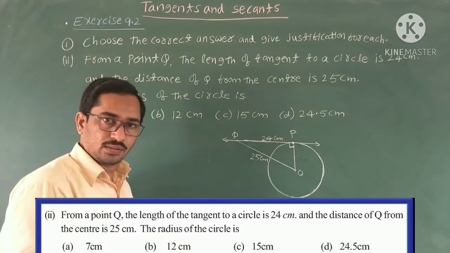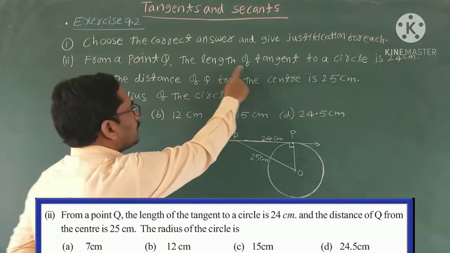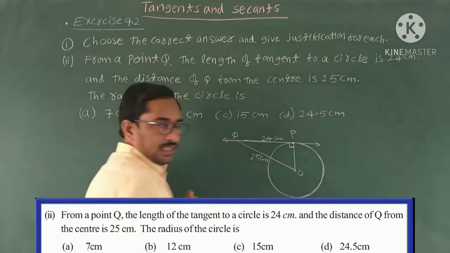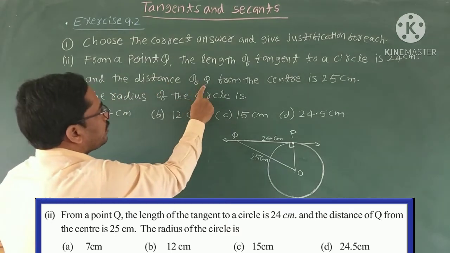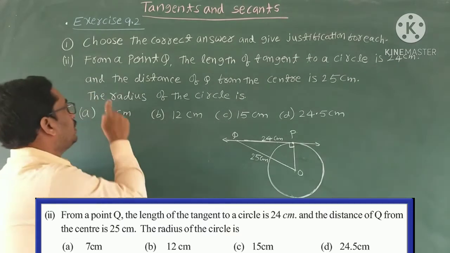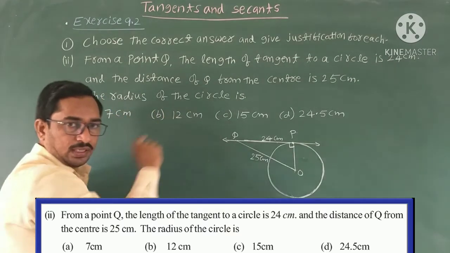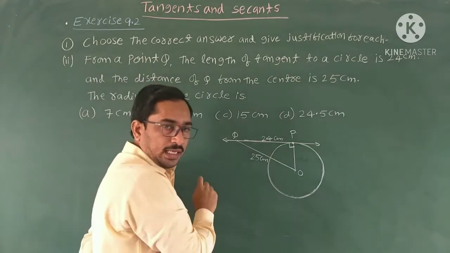Now, see the second question. From a point Q, the length of the tangent to a circle is 24 centimeters and the distance of Q from the center is 25 centimeters. The radius of the circle is, so we have to select one answer. See the question in the diagram.